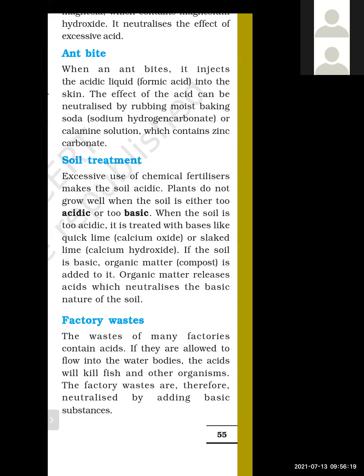When this acidic substance reacts with the basic soil, after some time the soil becomes neutral. In neutral soil, plants will grow well. There will be growth in the plant in neutral soil. So in this way, we can treat the soil if it is too acidic or too basic.